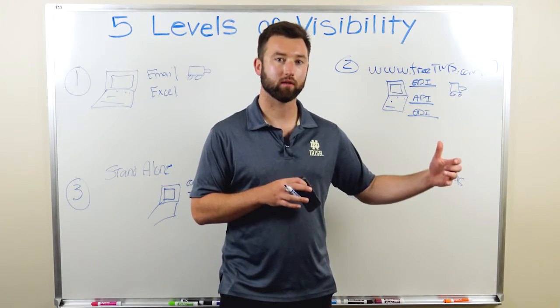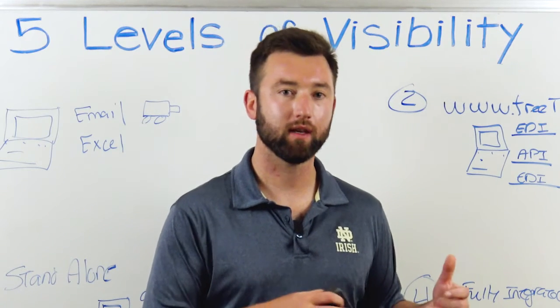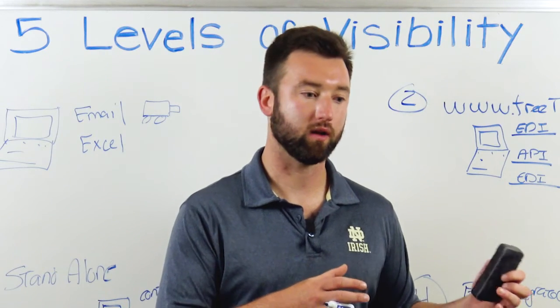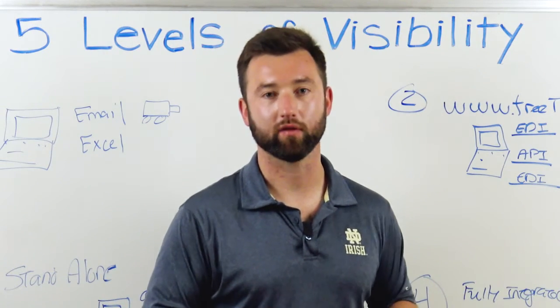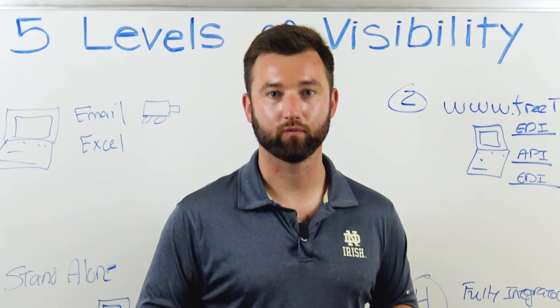The big missing pieces are that it's not going to be connected to your ERP or to any of your warehouses. And so you're able to connect with your freight carriers, but not necessarily a lot of your internal facilities.